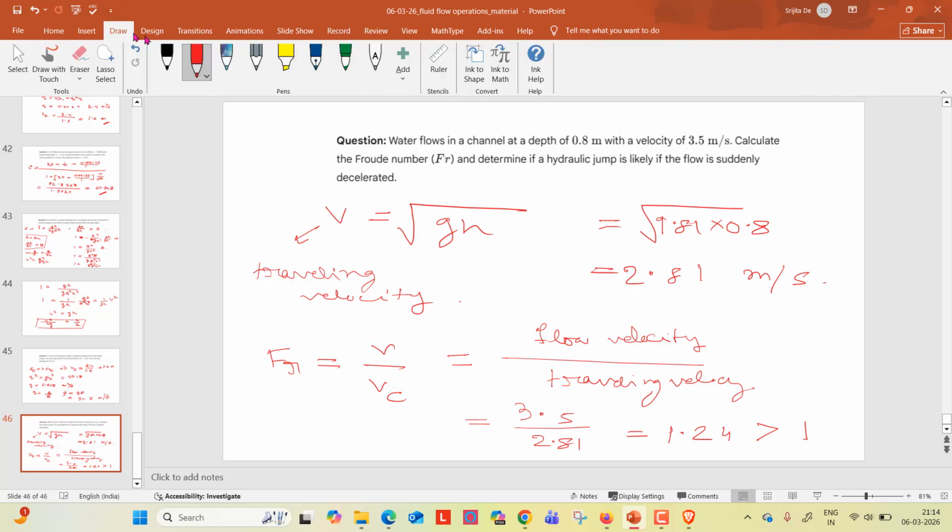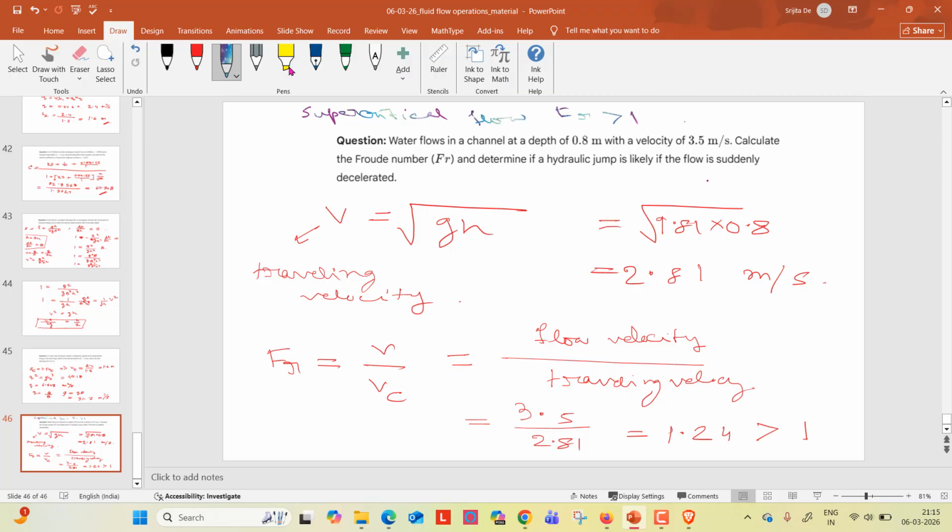So it is a supercritical flow because the Froude number is greater than 1, and supercritical flow means that it is a rapid flow that will be unstable.